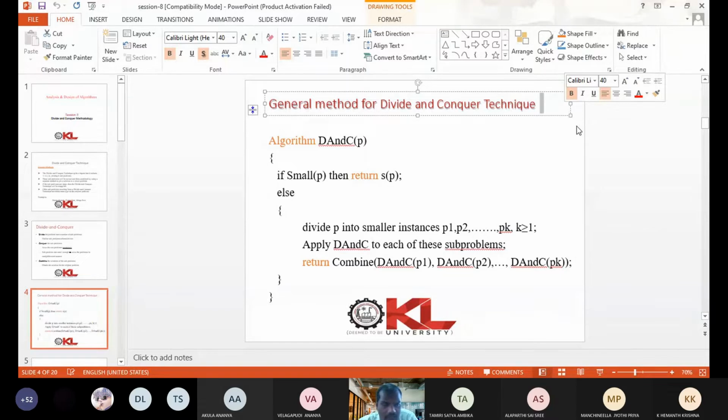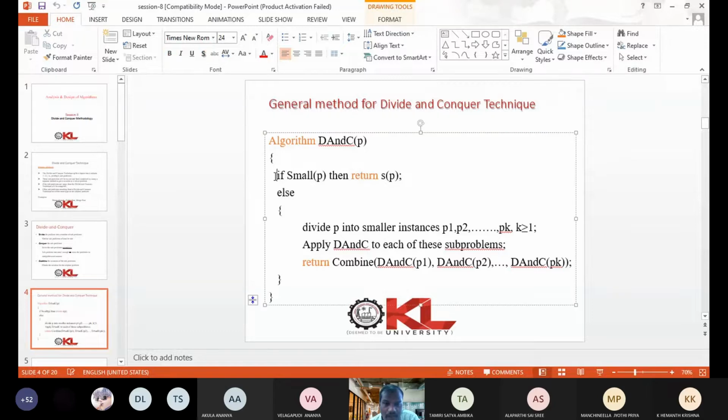If it is a small problem, you need not apply any divide and conquer methodology. Normally this methodology is applied when the problem size is big. So if the problem is small, just return the solution of the problem.